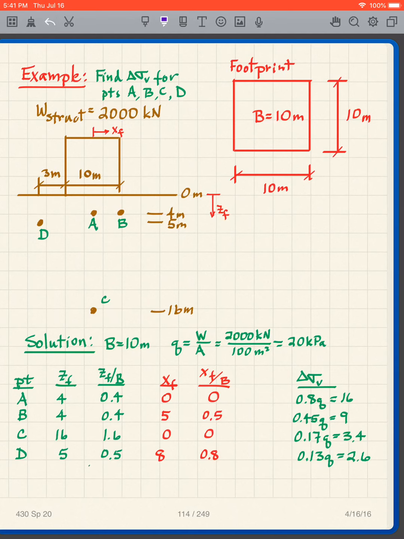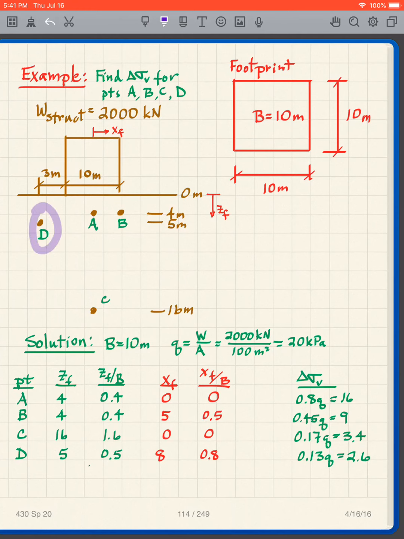Okay. The points that we're interested in: point A is 4 meters below the center of the structure. Point B is 4 meters below the edge of the structure. Point C is 16 meters below the center of the structure.